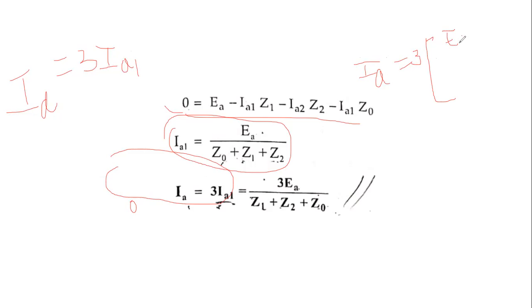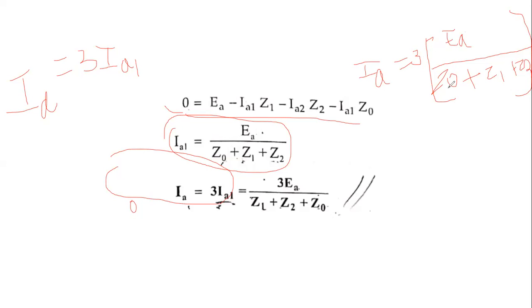Therefore, IA1 is equal to EA by Z0 plus Z1 plus Z2.